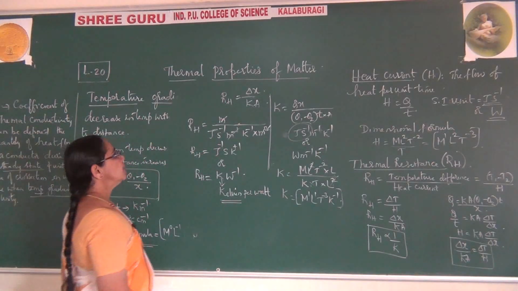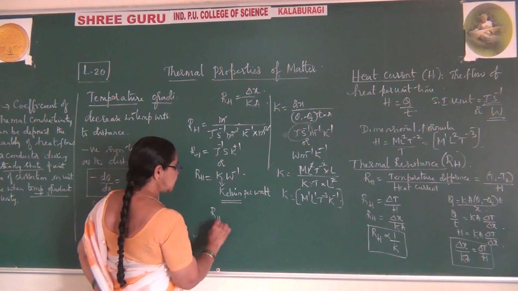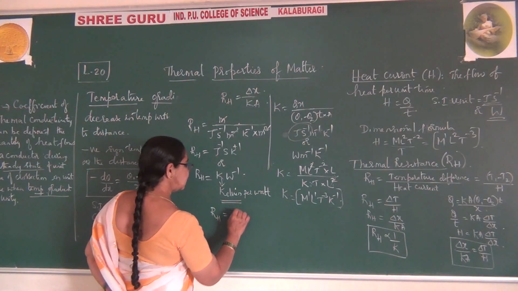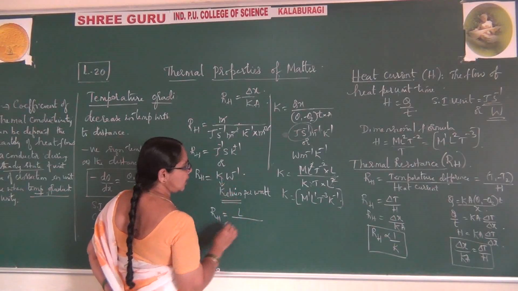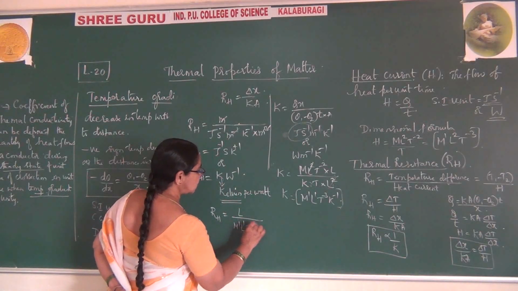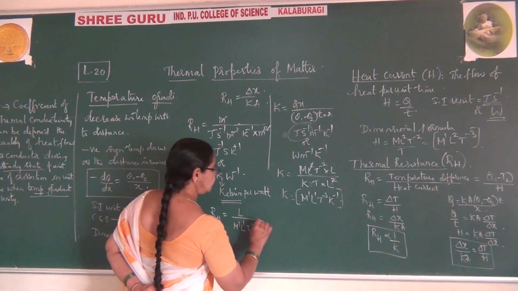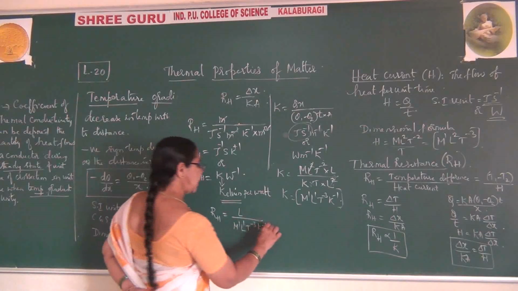Dimensional formula. Since this is in the denominator, let me write R_H is equal to, X is nothing but L, divided by M to the power of 1, L to the power of 1, T raised to minus 3, K to the power of minus 1, into L square.